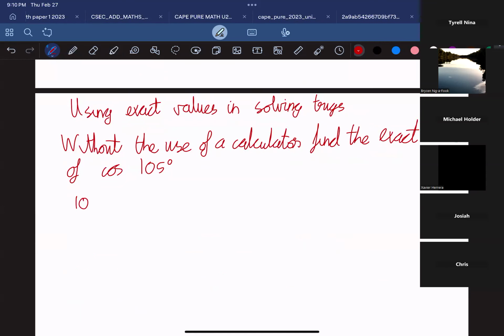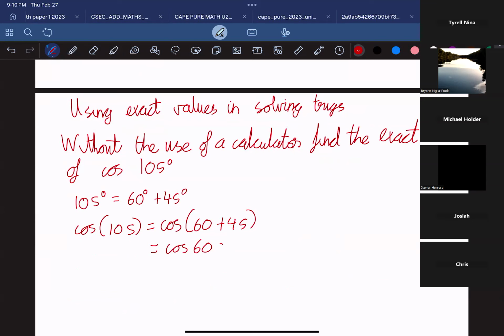So they would want something like this. 105 degrees is the same as 60 degrees plus 45 degrees. So cos of 105 is equal to cos of 60 plus 45, which is cos 60 cos 45 minus sine 60 sine 45, which is a half by 1 over root 2 minus root 3 over 2 by 1 over root 2.